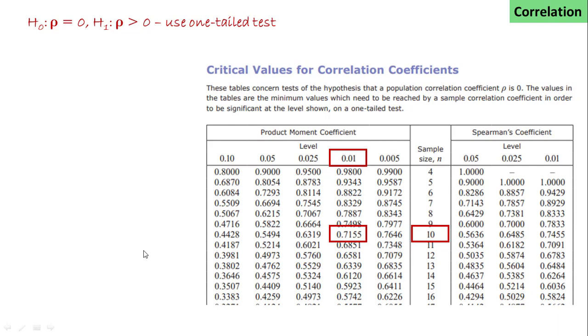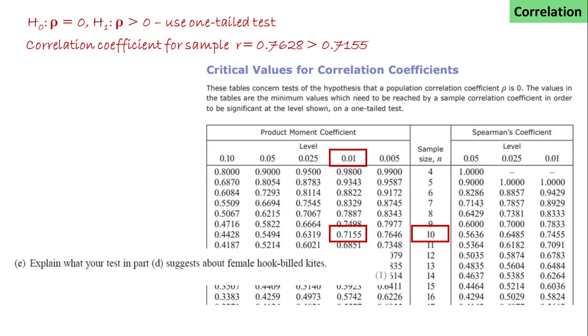So the critical value will be 0.7155. So here our correlation coefficient of 0.7628 will be inside the critical region, which will be between 0.7155 and +1.